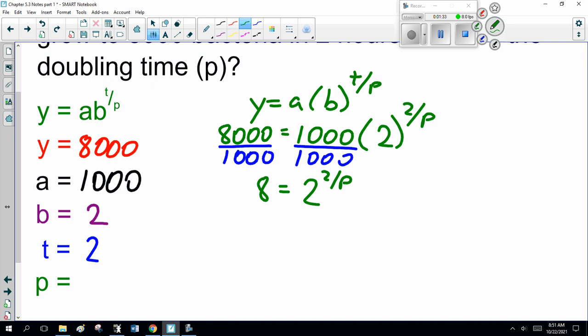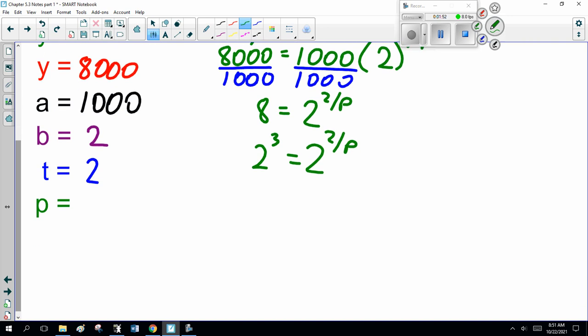Now here, 8 equals 2 to the power of 2 divided by p. When you graph that, that's fine. But I also want you to note here, in this particular example, not always, but in this example, 8 is 2 cubed. So once again, we can cancel out our bases, and we do a little cross multiplying.